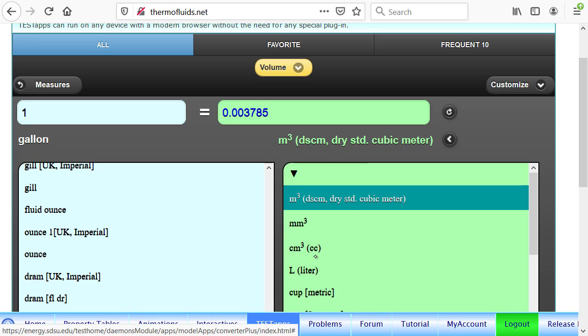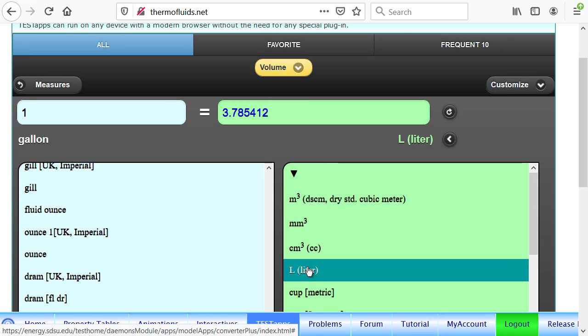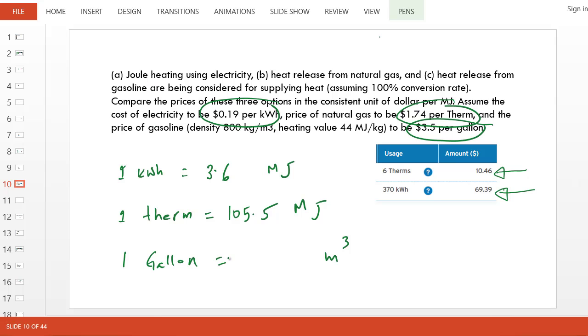It's better to write 3.785 divided by 1,000. That's easier to remember. Now that we know the conversions, our goal should be figuring out what 1 million joule of electricity costs, what 1 million joule of natural gas costs, and what 1 million joule from gasoline costs.